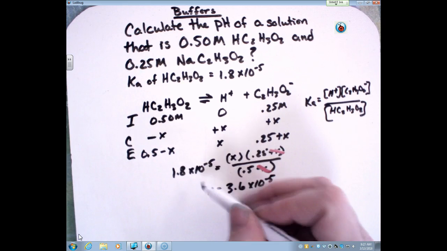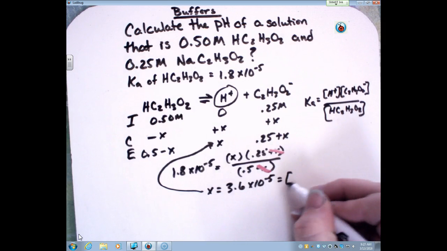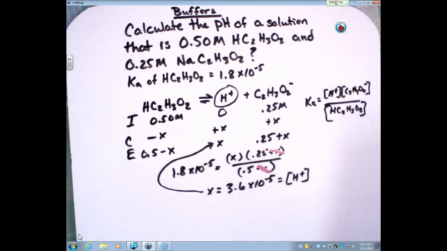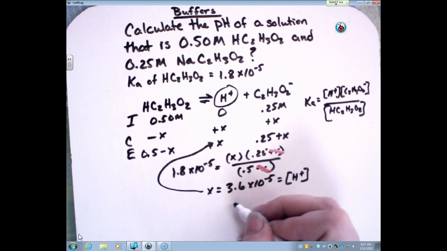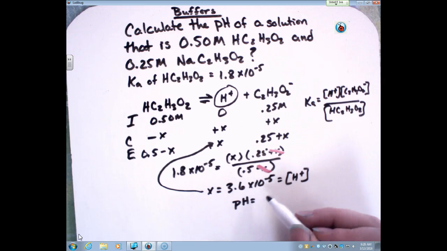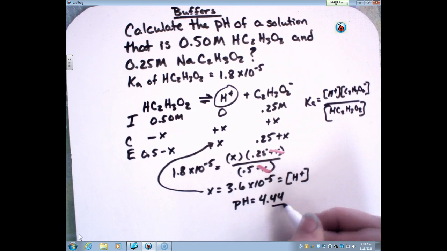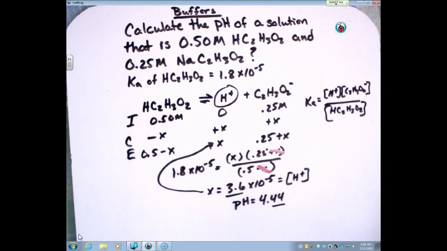Now x, what I'm interested in, is the hydrogen ion concentration, so that is my hydrogen ion concentration there, and then to find the pH, I just need to take the negative log of that. We know it's going to be lower than 5, so 4 point something, and in this case it ends up being 4.44, with 2 sig figs after the decimal.